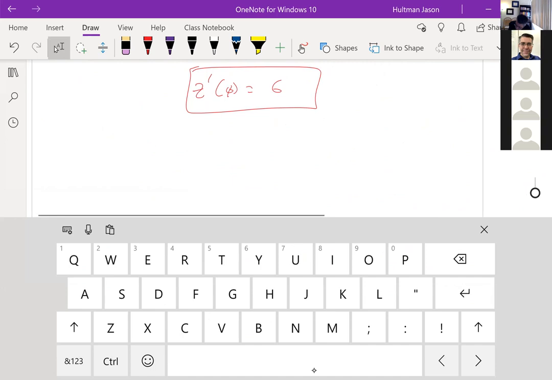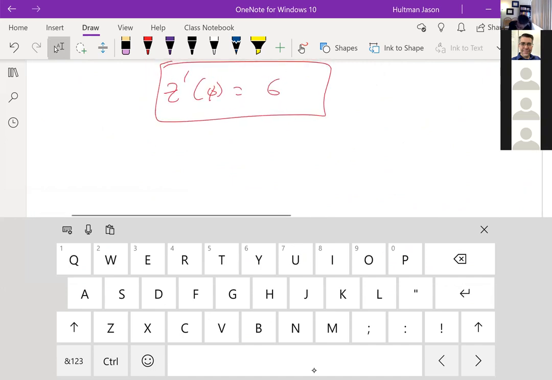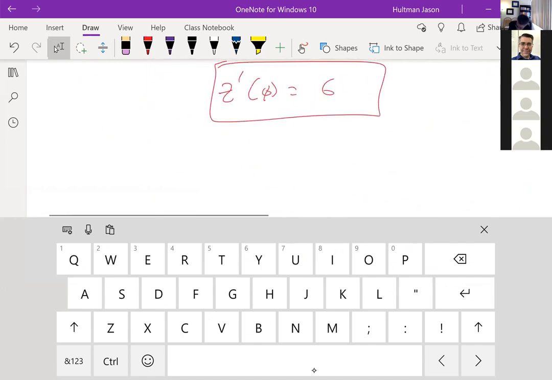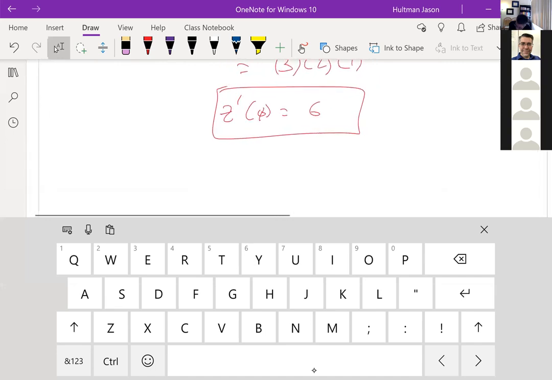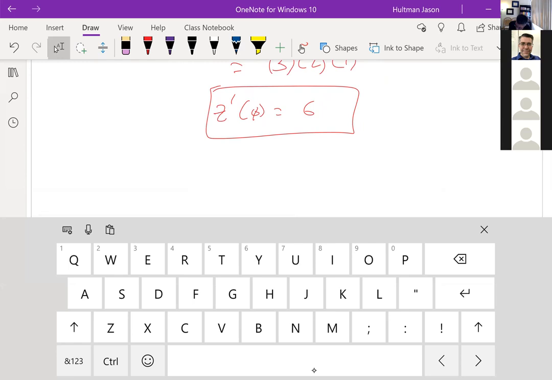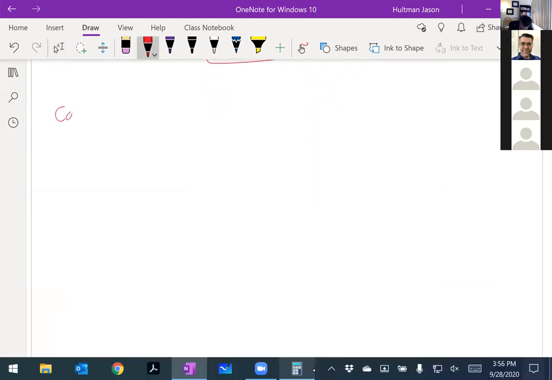Let's look at case 2 here. So z is equal to f of x, y, but now x and y are two-variable functions themselves. It's kind of like two variables with two variables.